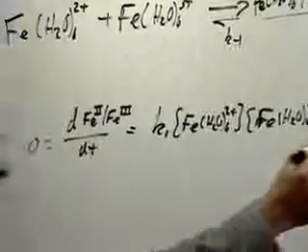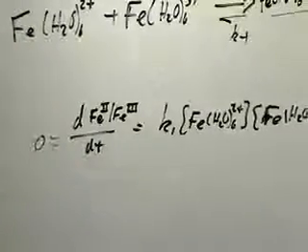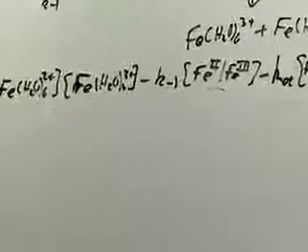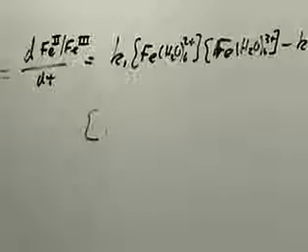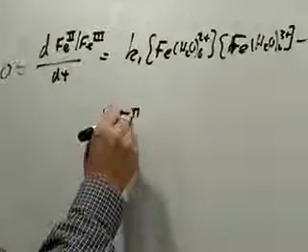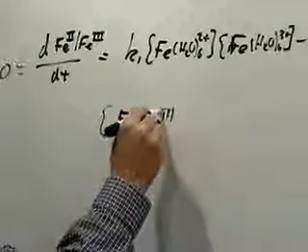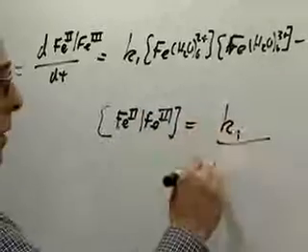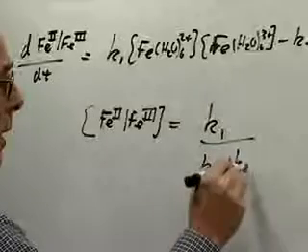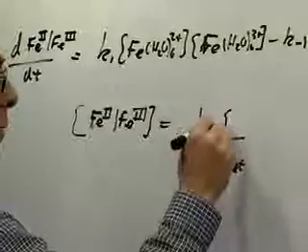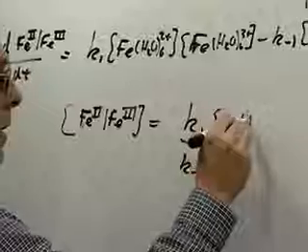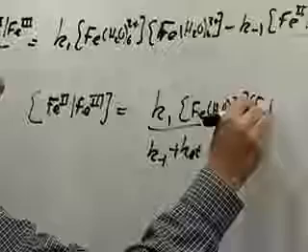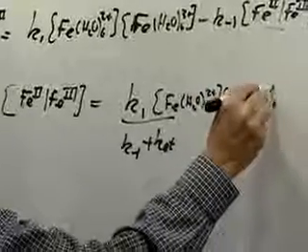So I set this equal to 0. I solve for the precursor, and I get that my [Fe2,Fe3] will equal K1 over K minus 1 plus KET times [Fe(H2O)6 2+][Fe(H2O)6 3+].